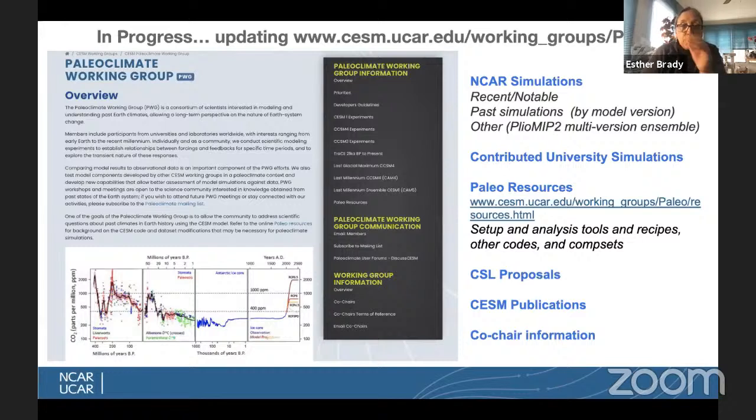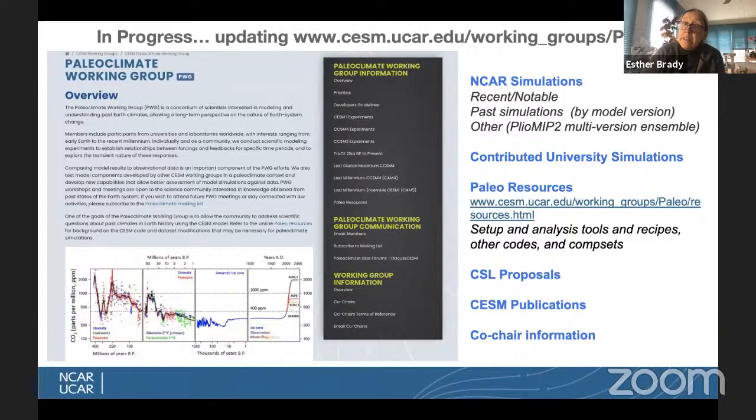So this is what you'll see when you go to the working group webpage. To the left, you'll come to this blurb, and below that figure are new links for finding the recent and notable NCAR simulations that we have information on and provide output for.